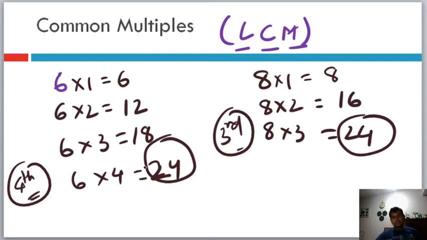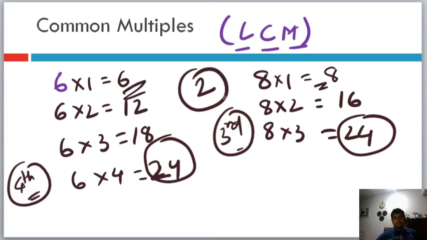And sometimes you will get questions like, identify the smallest number which when divided by 6 and 8 leaves a remainder of 2, right? So what you have got to do is first identify the smallest number that gets completely divisible by both, right?